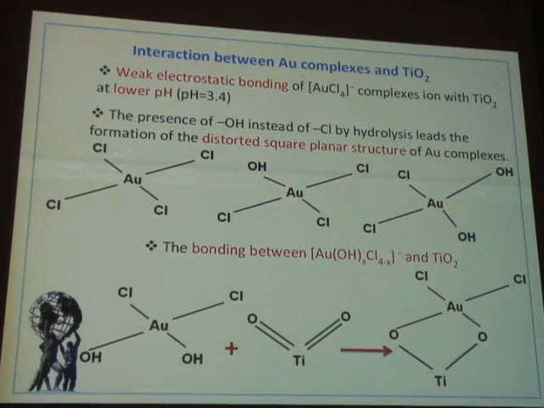The distorted square planar structure of the gold complexes leads to stronger affinity between the gold chloro hydroxo complex and titanium, and they can make some chemical bonding between the gold complexes and titanium, and then gold will be reduced and grow on the surface of titanium.